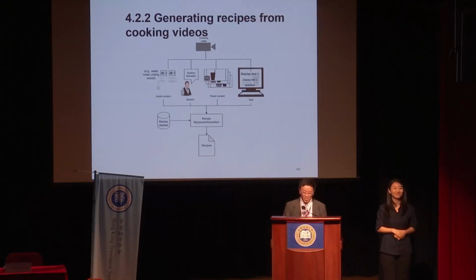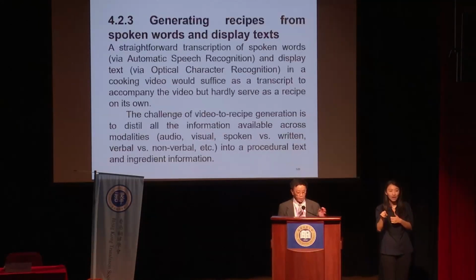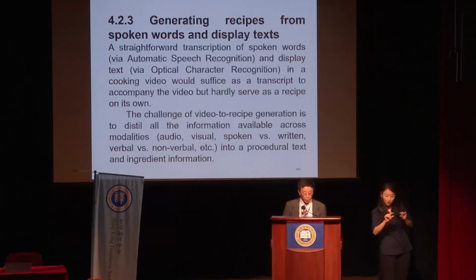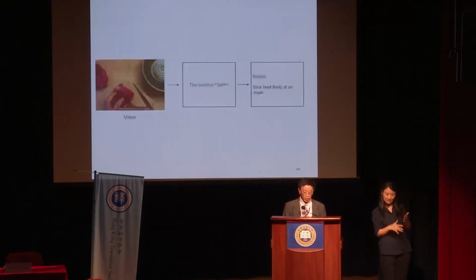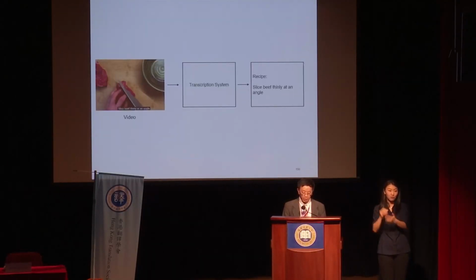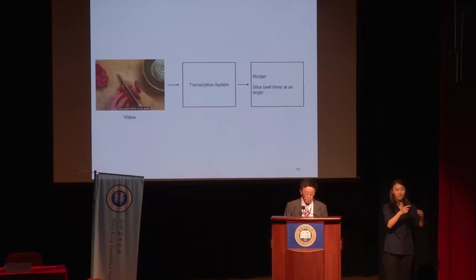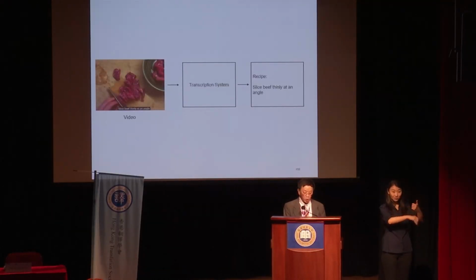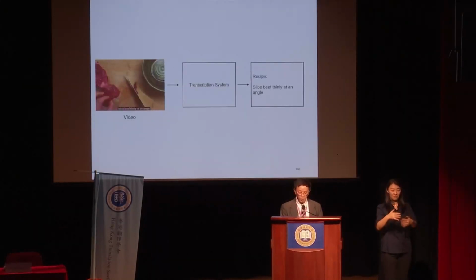You can get some recipes out of the videos. Because videos have spoken words and display texts, you can use the spoken words and display text for recipe generation. Also, you can use some transcription system to get what is shown or spoken in videos to form recipes.